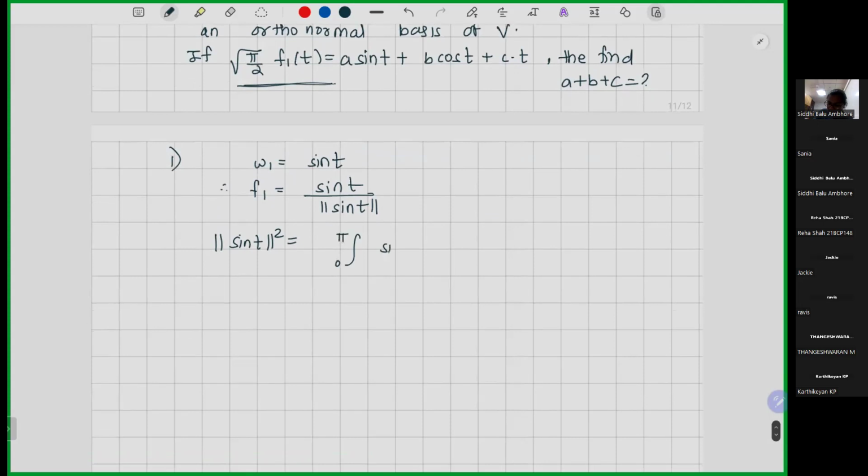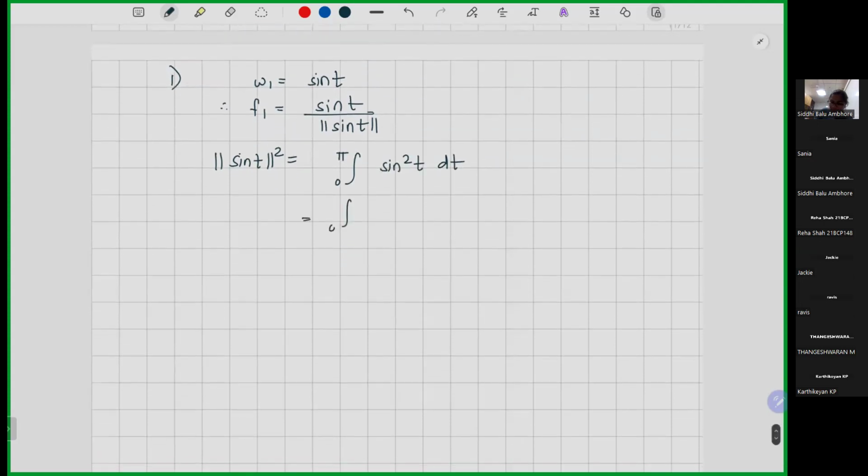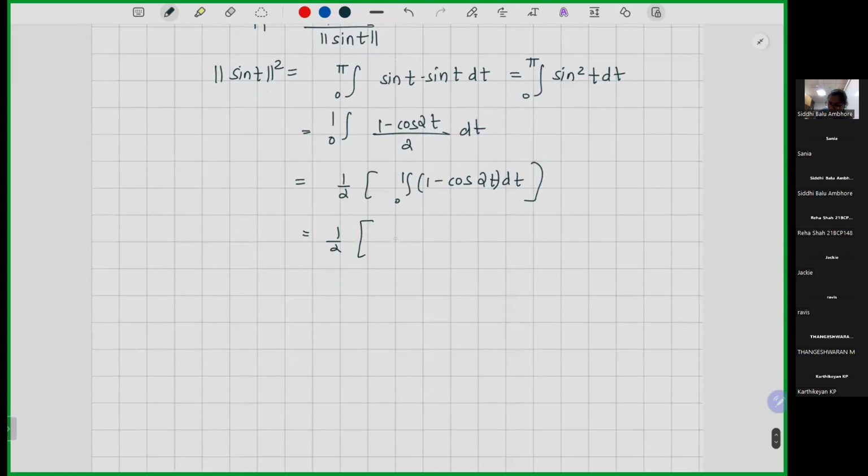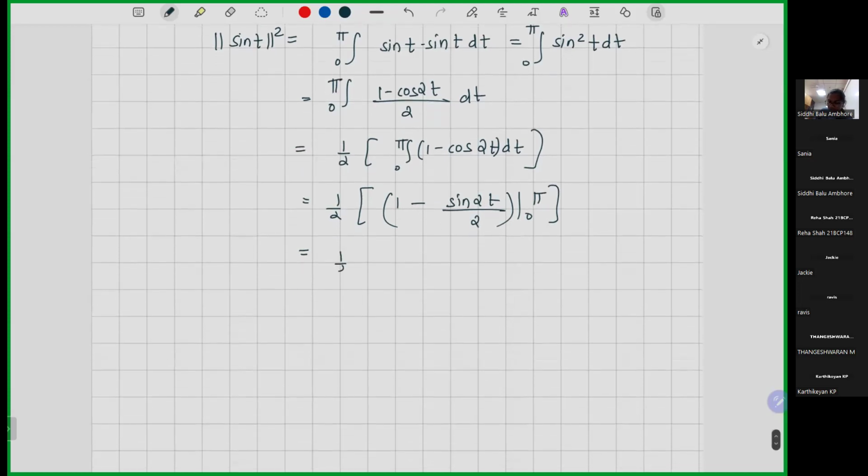By definition, the norm squared is the integral from 0 to pi of sine square t dt, which is the integral from 0 to pi of (1 minus cos 2t) by 2. Integrating from 0 to pi, this is 1 by 2 into pi minus 1 by 2 into 0 minus 0, which is pi by 2.